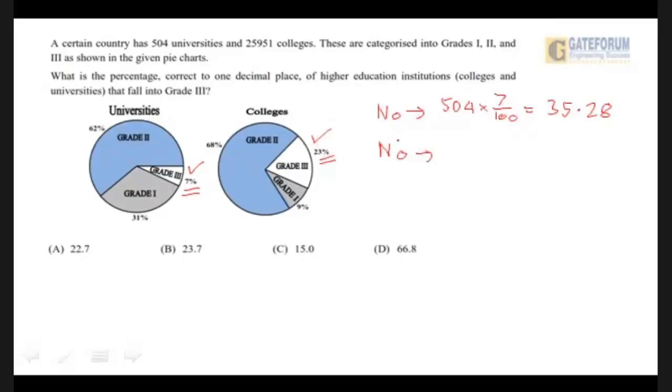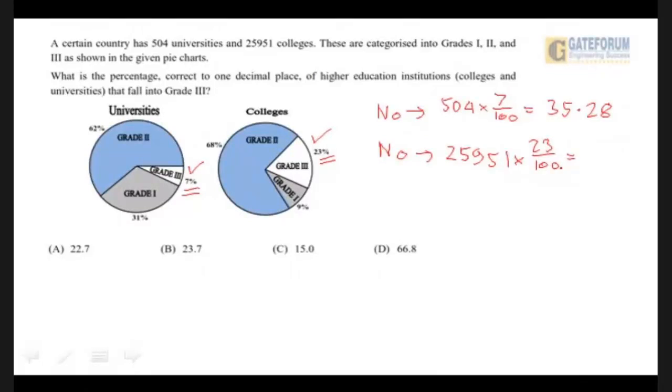Colleges, now this is a big number, 25,951. So 25951 into 23 by 100. Now this would be how much? You will all have a calculator, so you can jolly well press your calculator. But then 260 into 23 will also do the job. It would be somewhere around 5970. But let us use the calculator and quickly do it. I said 5970.